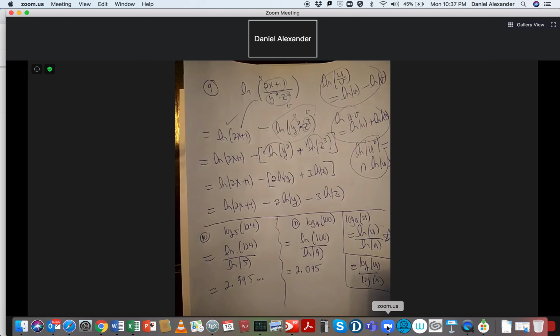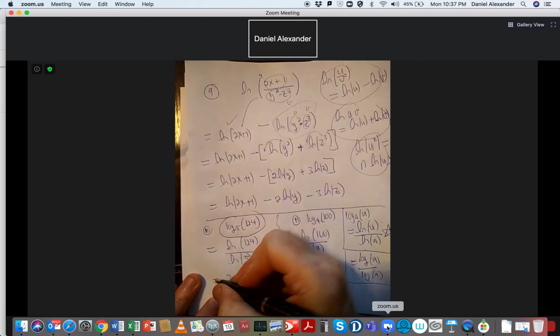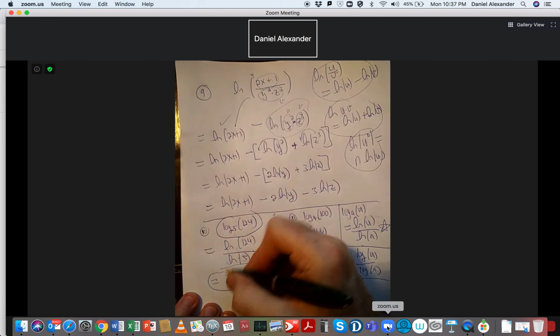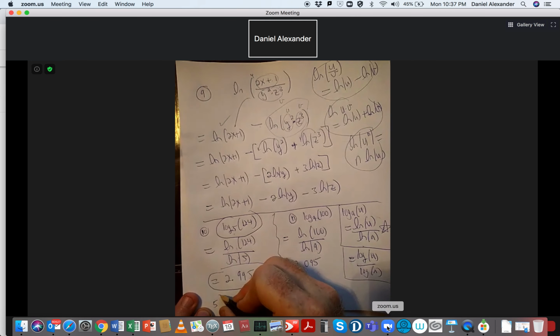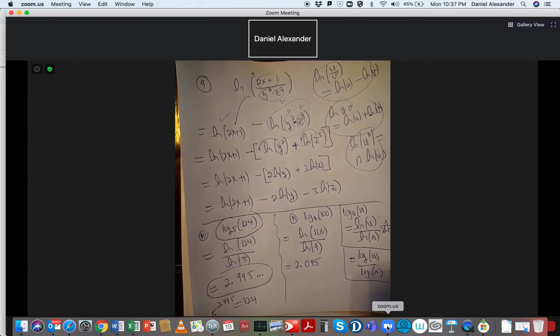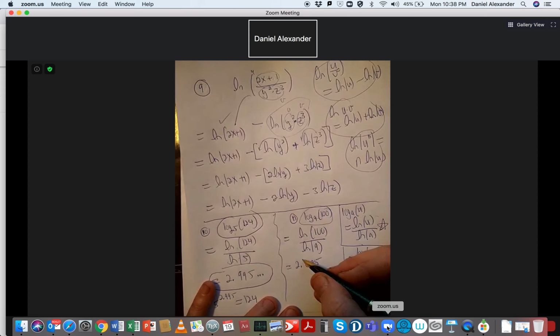So the answers. And so again, notice that we have this equaling this. That means that 5 to this number is this number. So 5 to 2.995 is going to be about equal to 124. And again, I want to look at this one. I have log base 9 of 100 is equal to this.